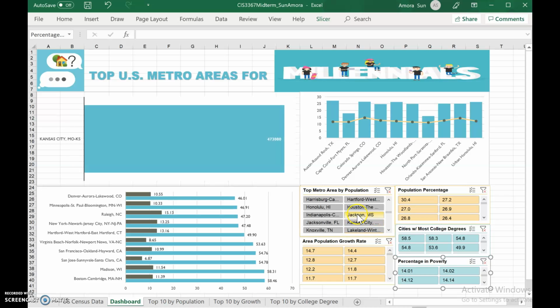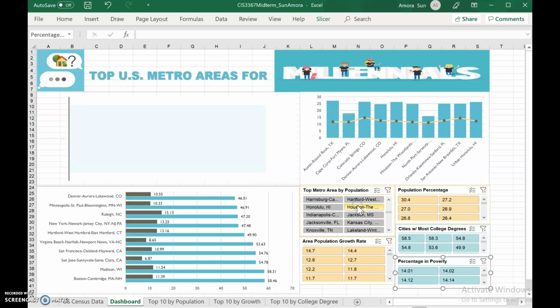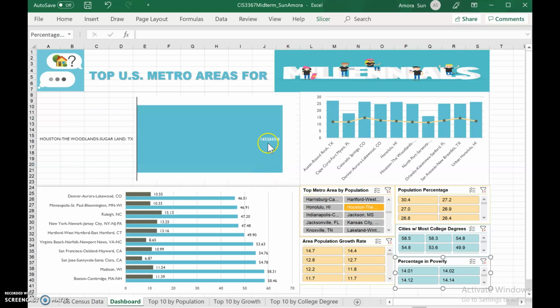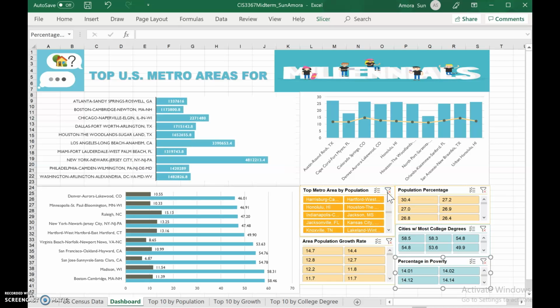Once we click on each of the areas, we will be able to see the population size in that metro area. So we can take out the filter, and we go back to the top 10 metro areas again by population size.